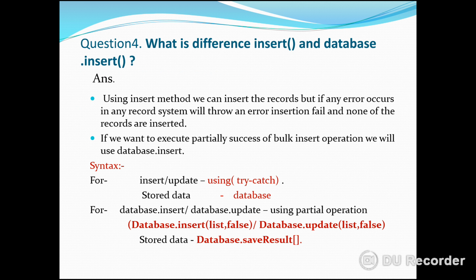So now fourth question, what is the difference between insert and database insert? Using the insert method we can insert the records, but if any error occurs in any record, the system will throw an error, insertion fails, and none of the records are inserted.